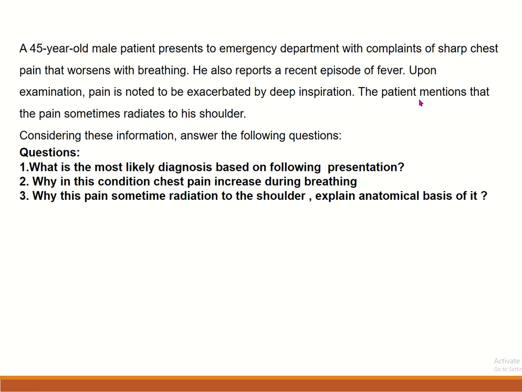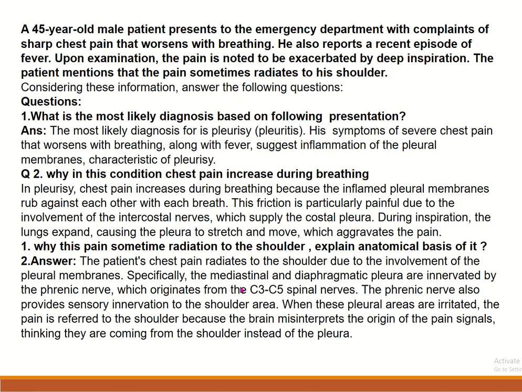The patient mentioned that the pain sometimes radiates to his shoulder. Considering this information, answer the following questions. What is the most likely diagnosis based on this presentation? Why in this condition does chest pain increase during breathing? Why does this pain sometimes radiate to the shoulder? Explain the anatomical basis of it.